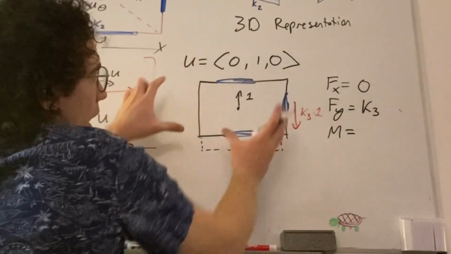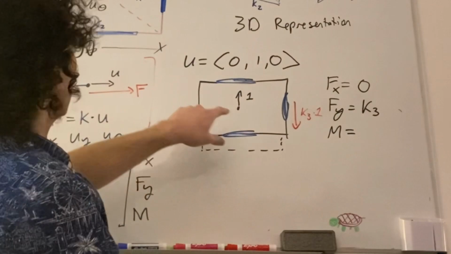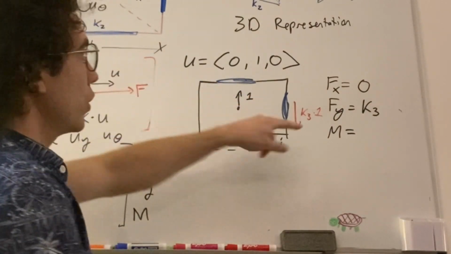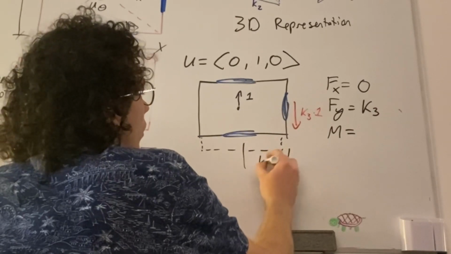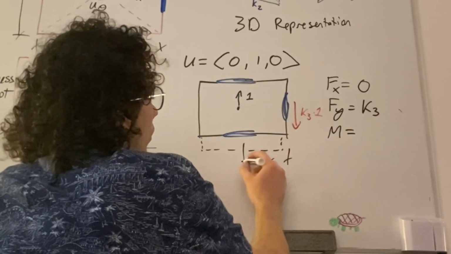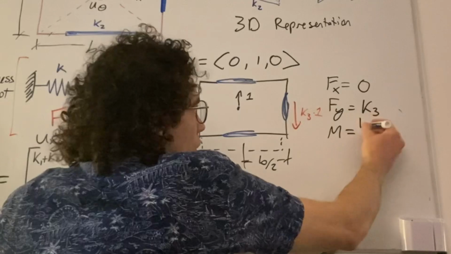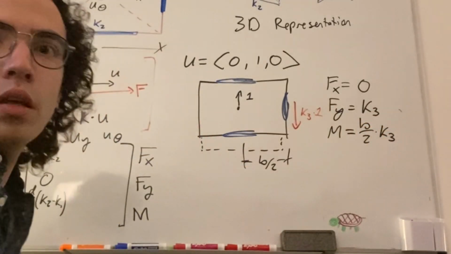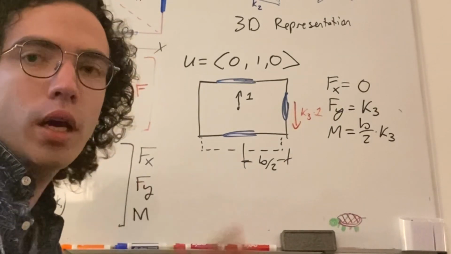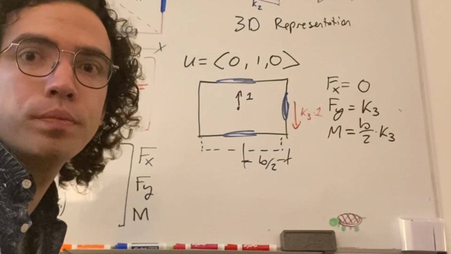You're going to need to apply a moment in the other direction, equivalent to b over 2 times K3, because that's the eccentricity here. This is b over 2. So it's going to be b over 2 times K3 to move it exactly 1 unit in the y direction.